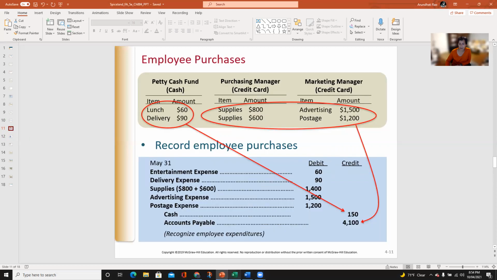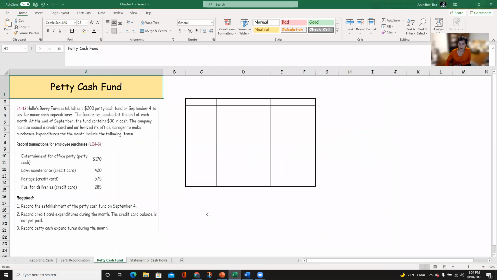So that takes care of the petty cash. Now let's take a look at a quick exercise going over the same information before we get into statement of cash flows. We have a company here, Halle Farm, that establishes a $200 petty cash fund on September 4th to pay for minor cash expenses. So let's first do the journal entry to establish a petty cash account. This is on September 4th.